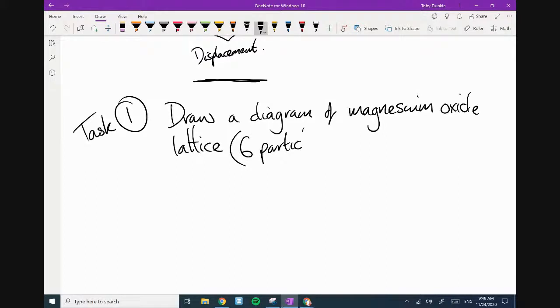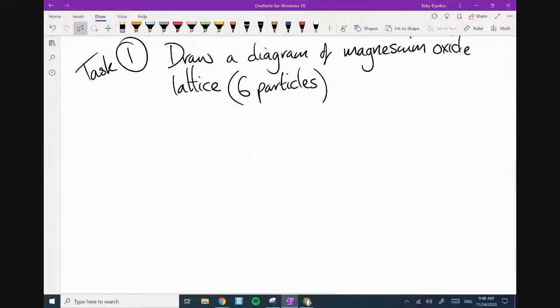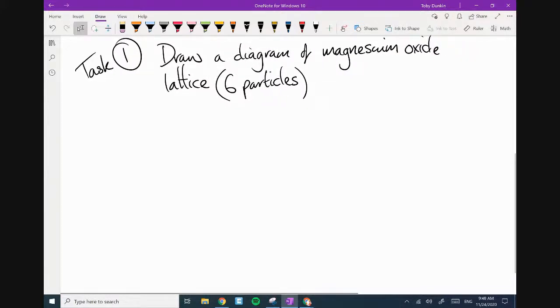In the exam, by the way, it will actually say a minimum of 6 particles. Now, this is a reinforcement activity from the previous lesson. So, guys, what I'd like you to do is pause the video, have a go at drawing this in pencil, and then check to see if you get it right on the lesson. So, answer.